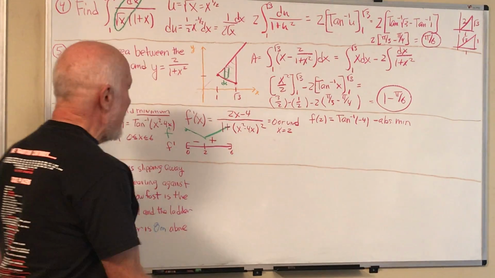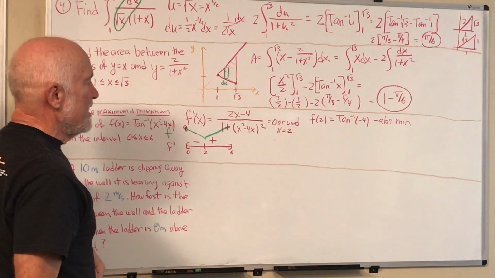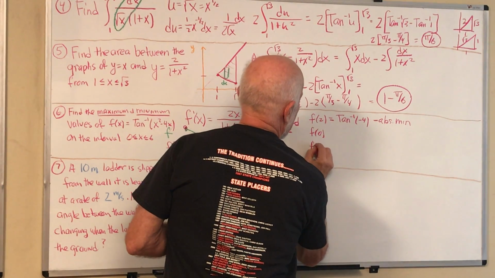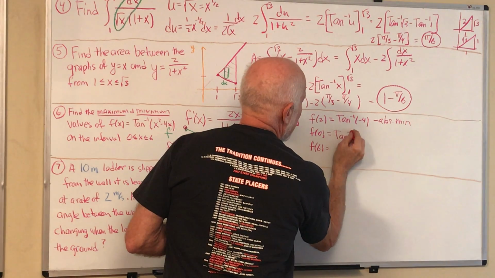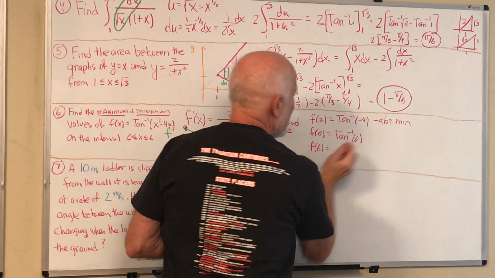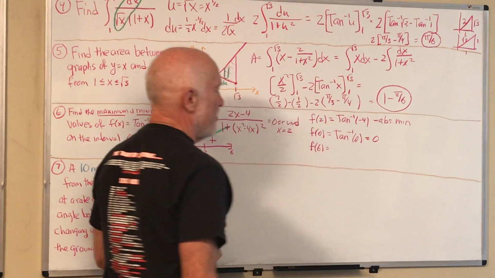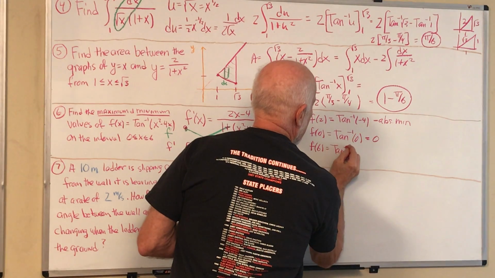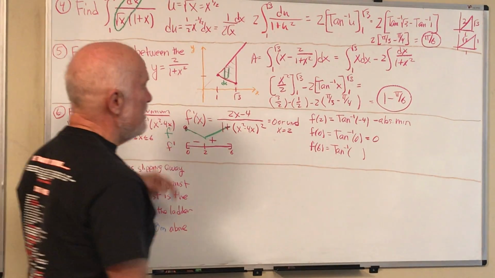Now the absolute maximum is either going to be at this endpoint or this endpoint. So we have to plug them both in. And we get 0 when we plug in 0. And what's the angle whose tangent is 0? That's going to be 0. Then we put the inverse tangent, and when we plug in 6, we get 36 minus 24, or 12.